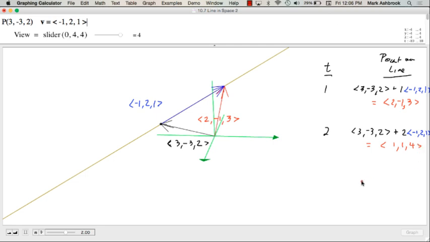All right, so you guys do one more. Generate the point for, say, negative 3. So what point will you get when you scale the direction vector by negative 3?